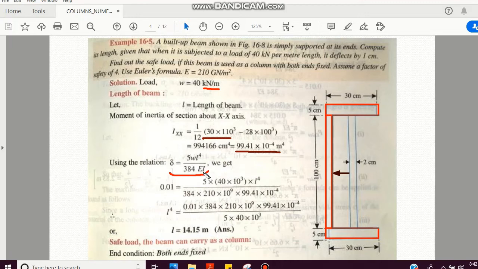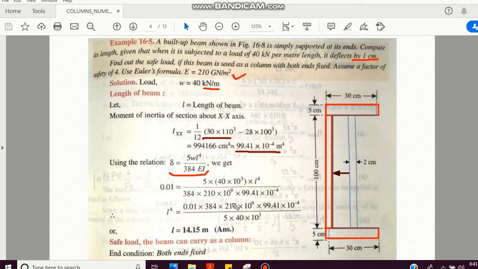So by applying this formula and substituting all these values, we get the value of L. The delta value is 1 centimeter, which is given in the question. So 0.01 equals 5 into 40 kilonewton per meter, that means 40 into 10 to the power 3, into L to the power 4 by 384 into 210 gigaNewton per meter square, that is the modulus of elasticity, which is given in the question.